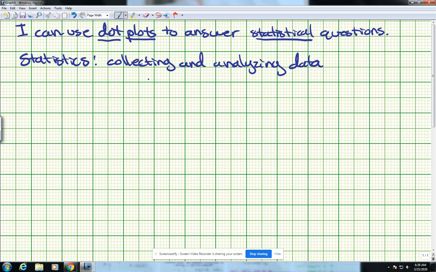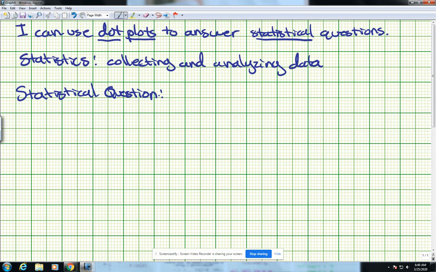Then, reading up at the top of 392, it says a statistical question is one for which you do not expect to get a single answer. Instead, you expect a variety of answers, and you're interested in the distribution and tendency of those answers. That's what we're going to focus on in this lesson. So we're going to write statistical question.